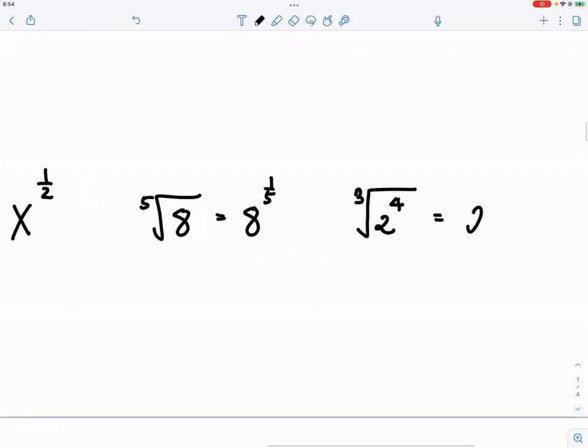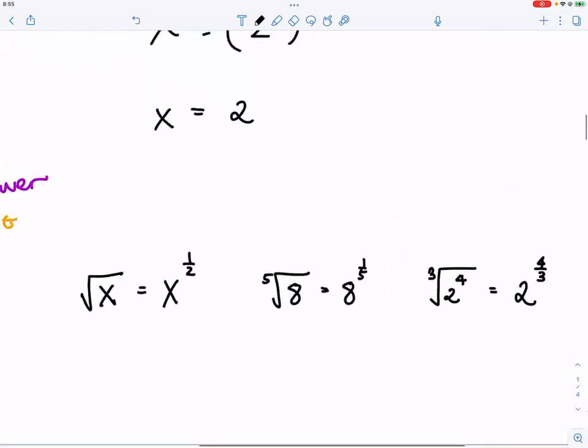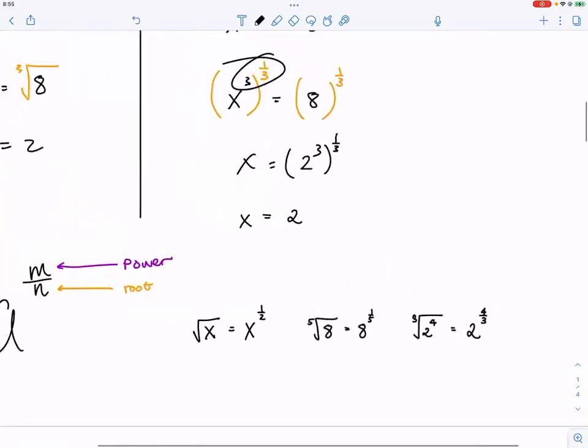Then we have 2 to the 4 over 3 power. The power is the numerator, and the root is the denominator. The more you do, the more you get accustomed to it, but the explanation is right here.